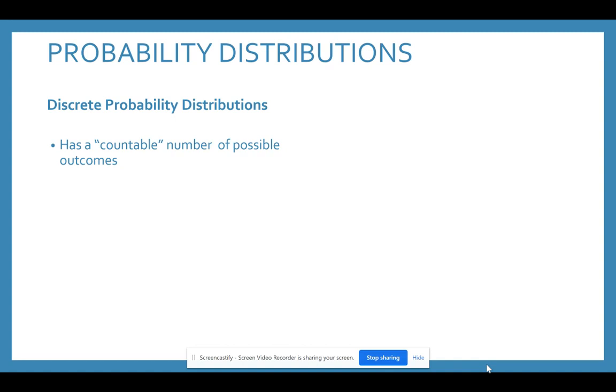Again, think about the example of rolling the die. We have 6 possible things that can happen, so that's a countable number of outcomes. If you use an example of flipping a coin, there are 2 possible outcomes. So with a discrete distribution, you have a countable number of possible outcomes.